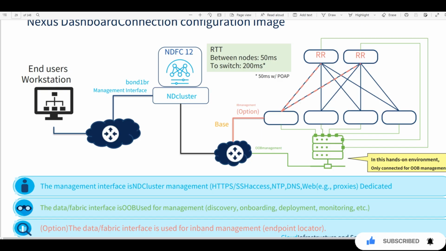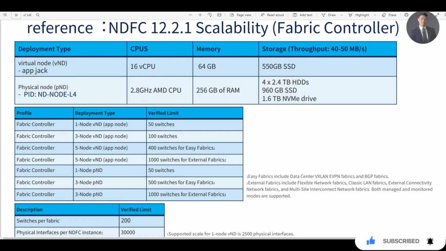The hardware sizing for different NDFC deployment scales. A single node virtual ND can manage up to 50 switches. A 5-node cluster can support up to 400,000 switches depending on fabric type. Physical nodes offer higher scale.